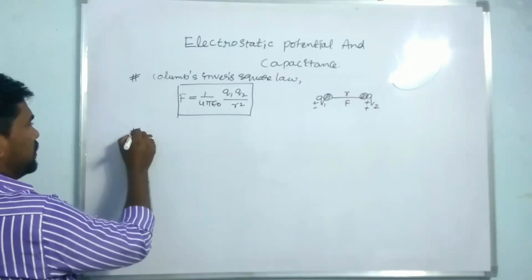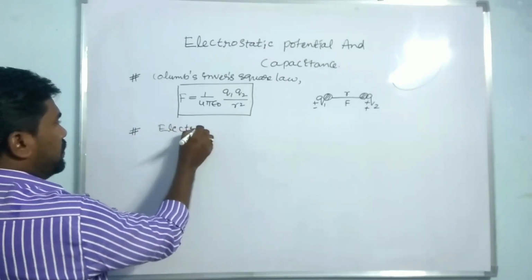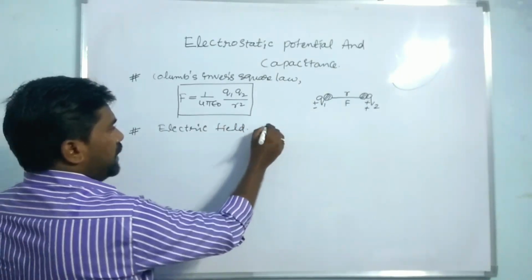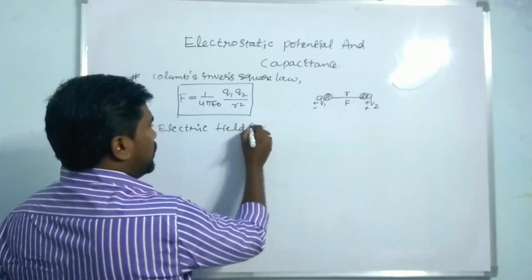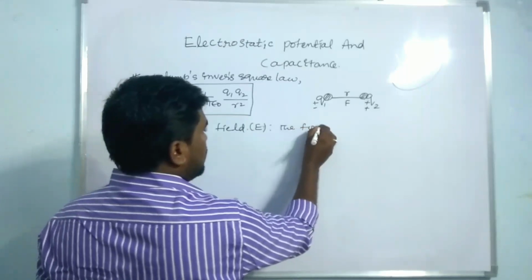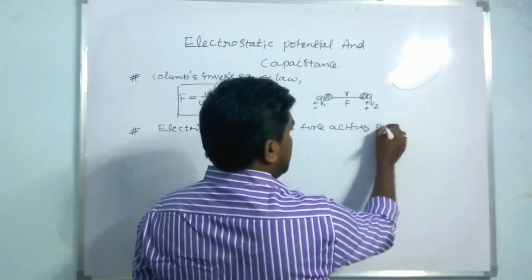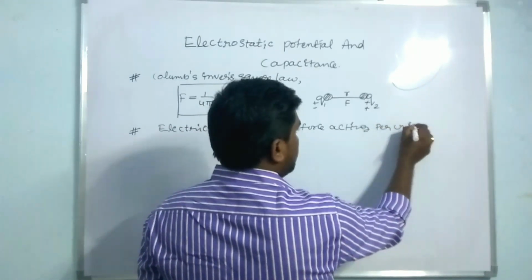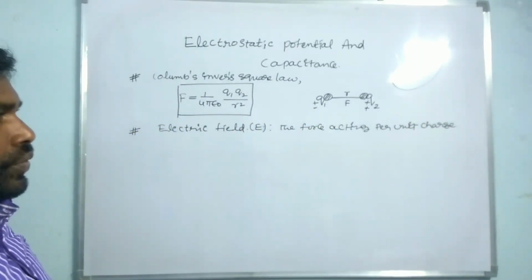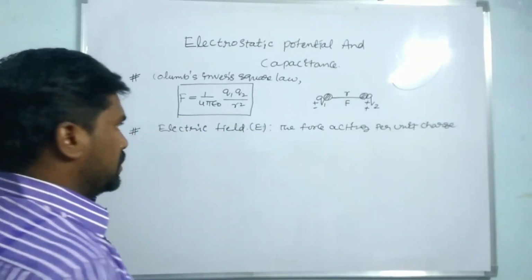And one more thing you have to learn, which we already learned, the electric field. So what is meant by electric field? Electric field is denoted by the letter E. It is the force acting per unit charge, or the force experienced by the unit charge or the test charge.